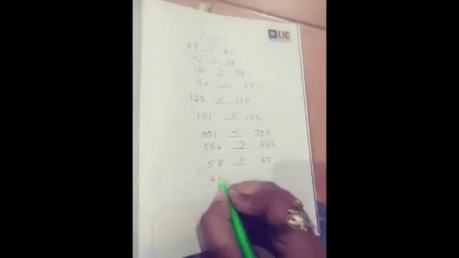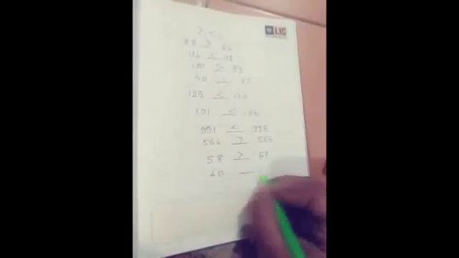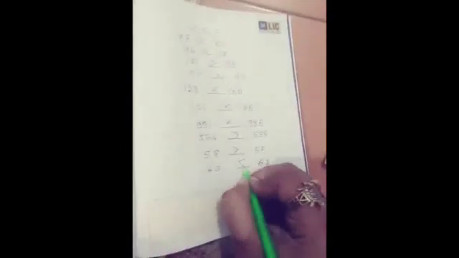No need to worry, we can continue with so many sums like this. 58, see it's greater, like this we will continue. 60 and 63, that means it's lesser, the sign will be lesser.